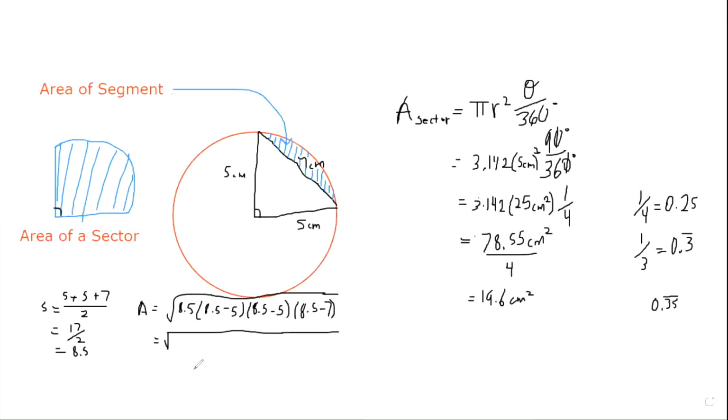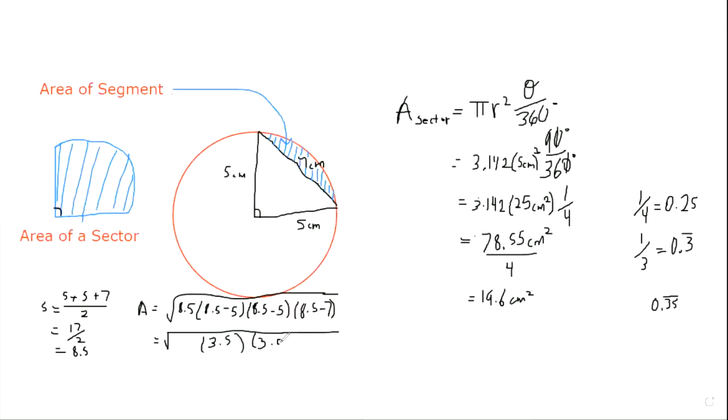Now, what is 8.5 minus 5? So we're going to check that. We get 3.5. Excellent. And we know that the next one will also be 3.5.